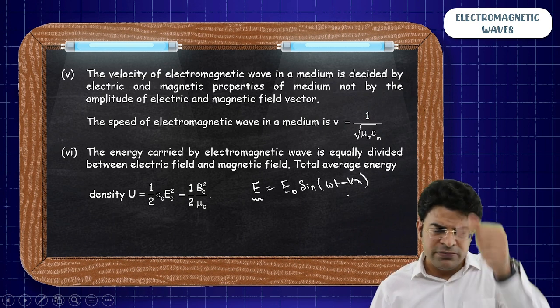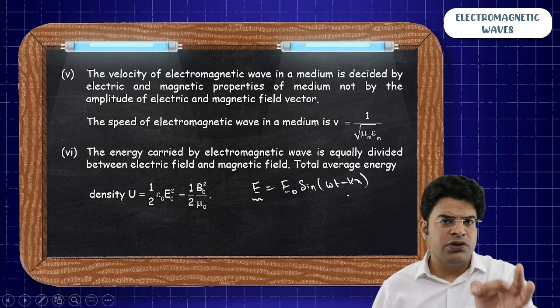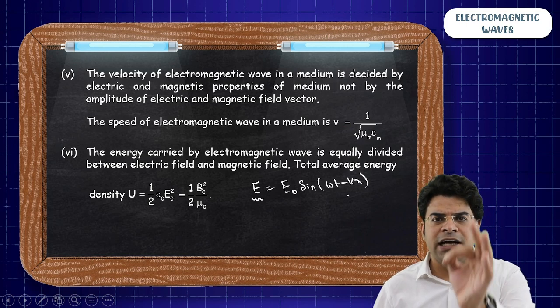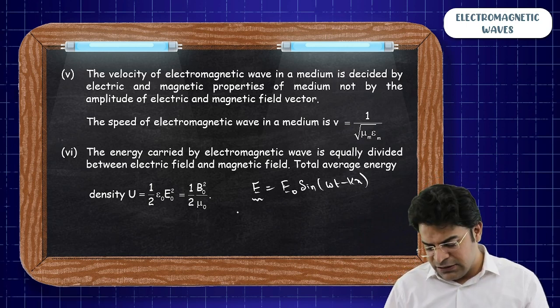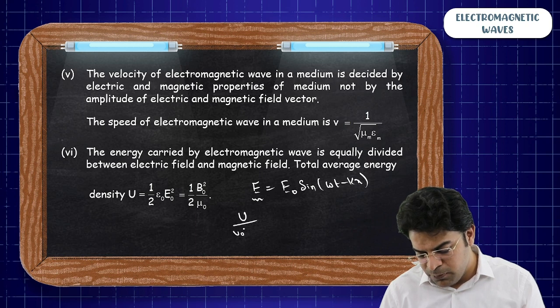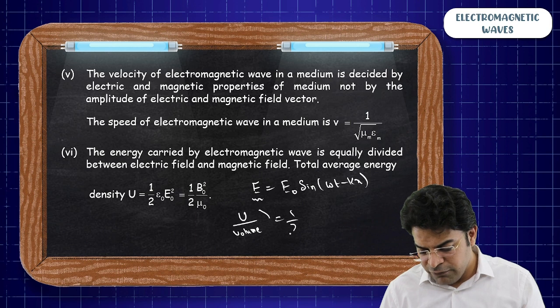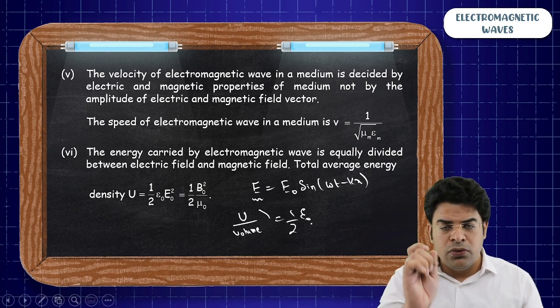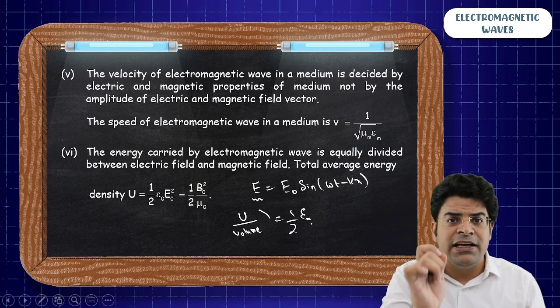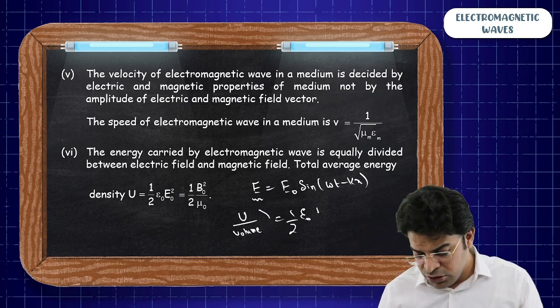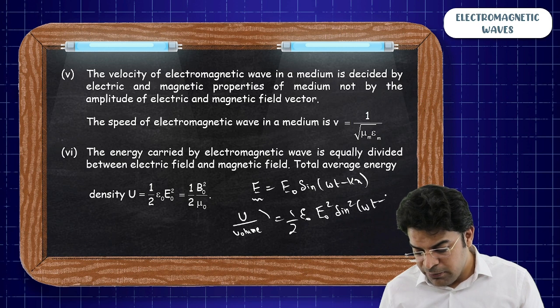It keeps on changing. Yes, sir. So if I ask you what is the energy density at this point at any time t, you will say that, sir, the energy density, that is the energy stored per unit volume, will be equal to half into epsilon naught into the electric field here at any time t whole square. That will be equal to E naught square sine square omega t minus kx.